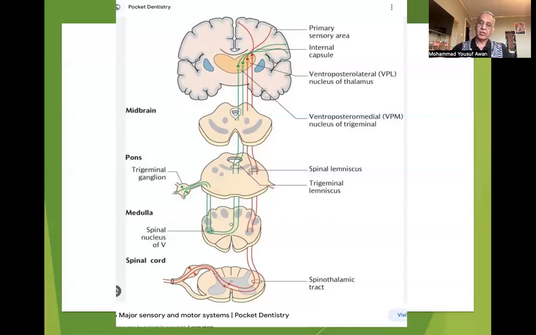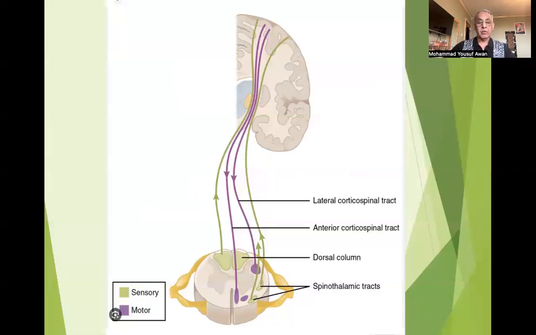These are the sensations taken by the spinothalamic tract, while two-point discrimination, joint position sense, vibration sense, and half of the light touch are taken by the dorsal column. The fibers then go up to the thalamus and then to the sensory cortex.